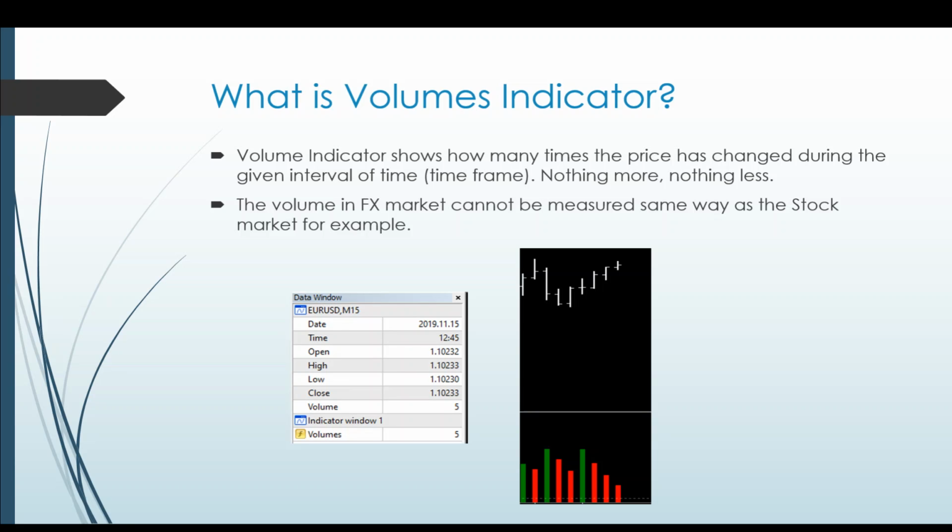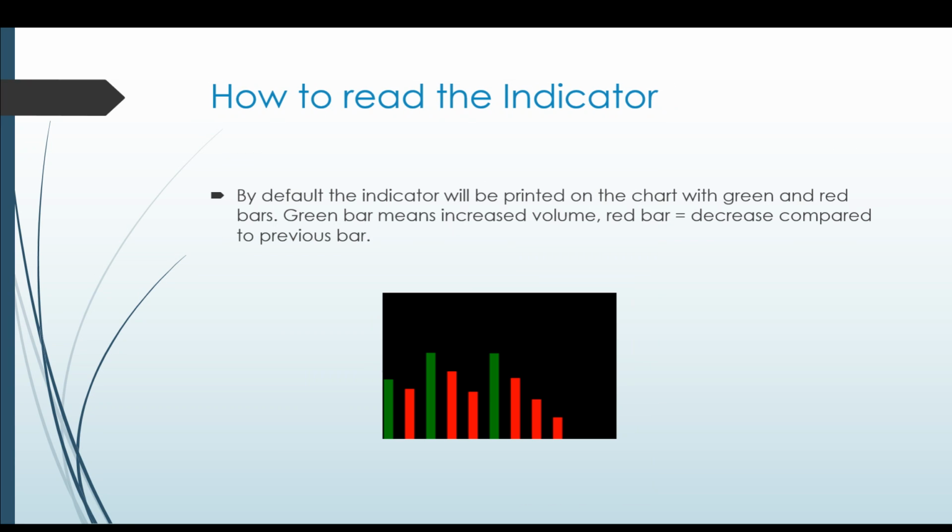Now, going further, how to read the indicator? I took a screenshot from the platform, and this is the default which you're going to get when you install MT4. You have bars, okay?